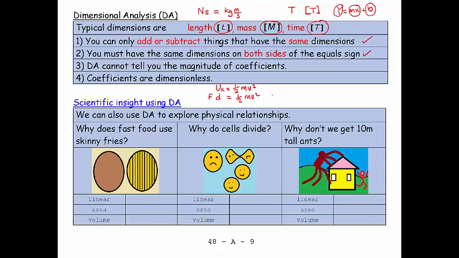And force is going to be kilogram meter per second squared times meters, and that must equal, well, mass is in kilograms, and then velocity is in meters per second, and that is squared.